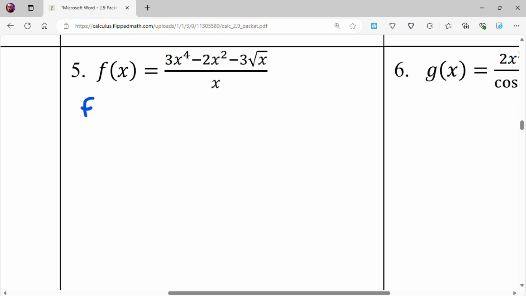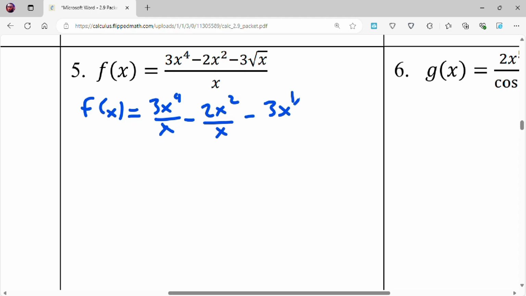We're going to rewrite f of x as 3x to the fourth over x minus 2x squared over x minus 3 times square root of x over x. I'm going to write square root of x as x to the 1/2. There we go. So now we get 3x cubed minus 2x, then minus 3x to the negative half.